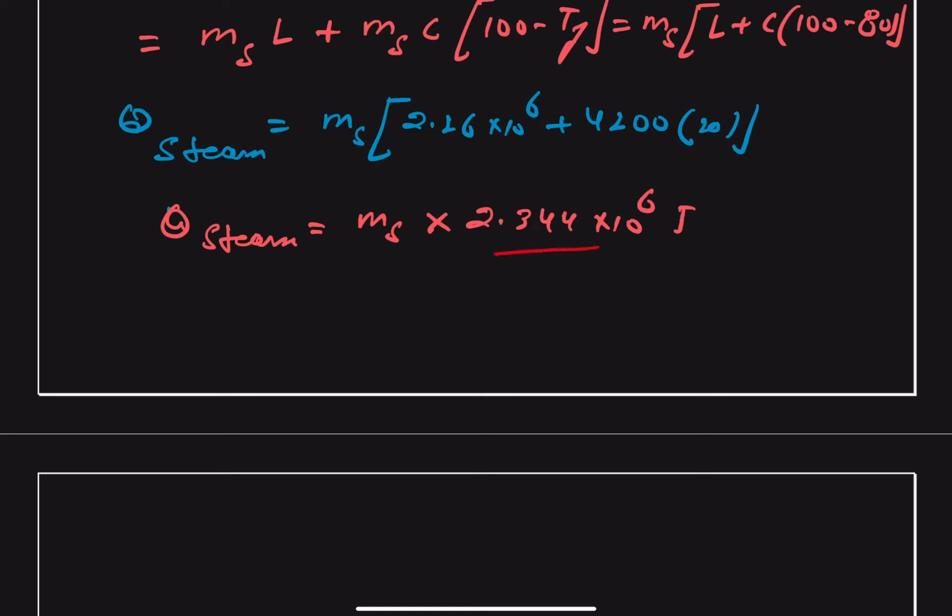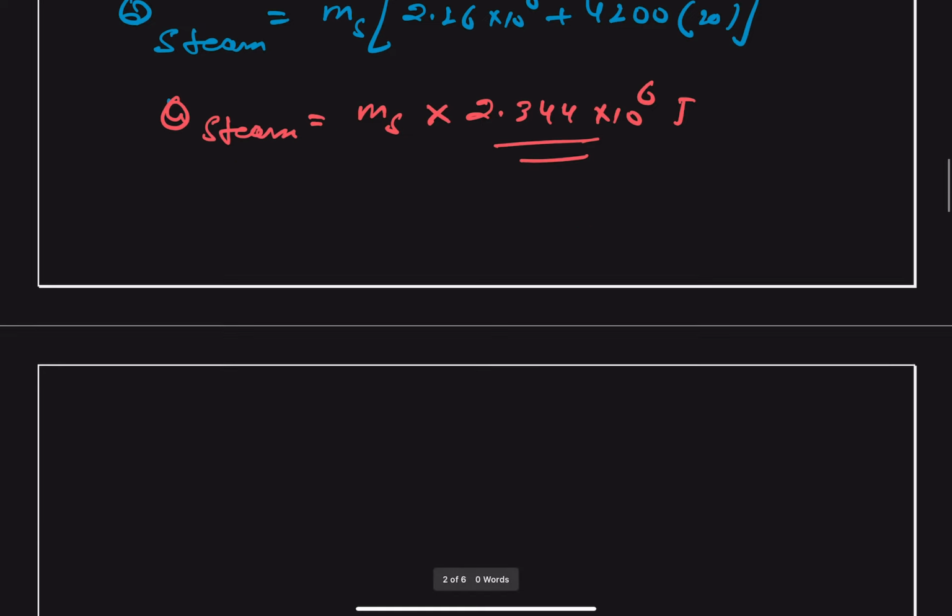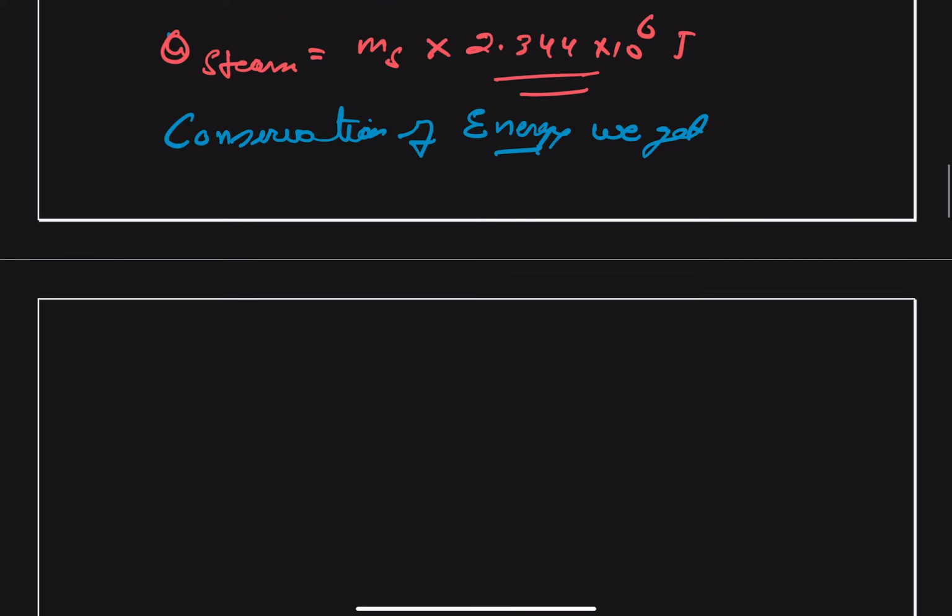Now we can use conservation of energy like we stated earlier in the first paragraph. We get Q water plus calorimeter is equal to Q steam.